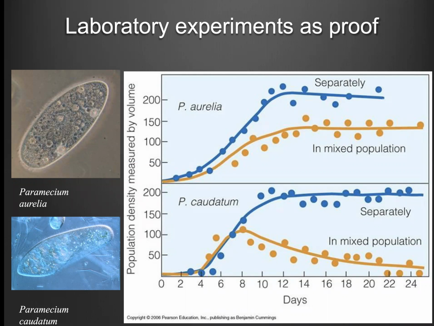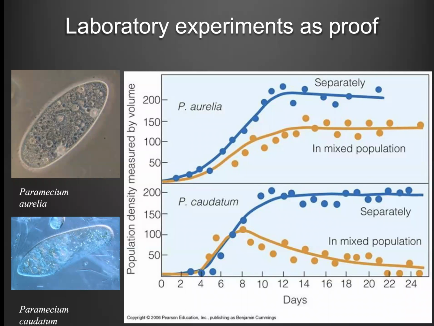I'll just give you a little bit of setup, and then I'd like you to discuss it in your breakout rooms. So what you're seeing here is two species of paramecium, okay? So paramecium aurelia and paramecium caudatum. The top graph is what happens with respect to P. aurelia.